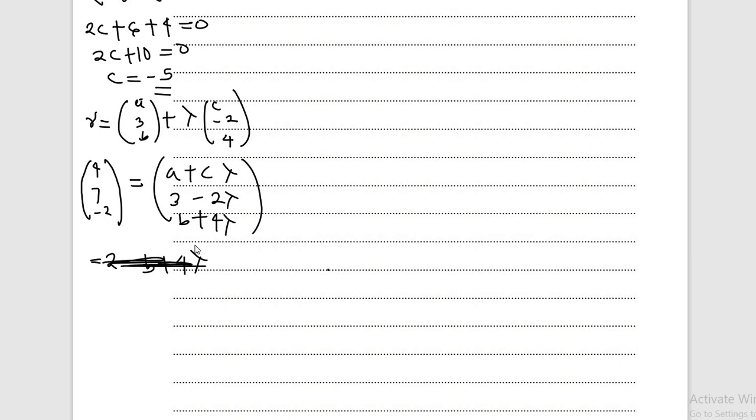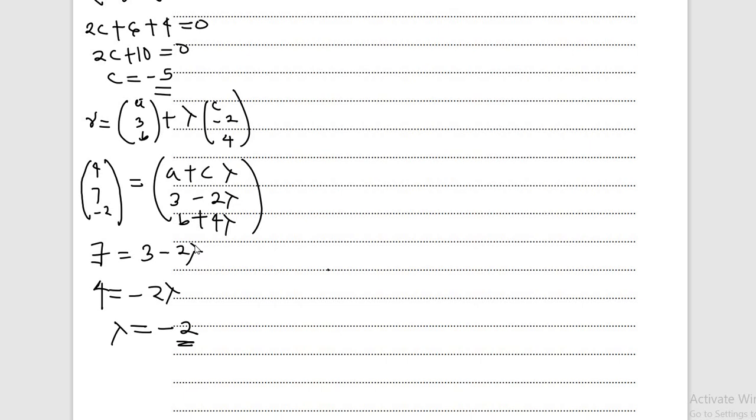So let me erase this. 7 equal to 3 minus 2 lambda. Sorry, you can get lambda from there. The constant 7 equal 3 minus 2 lambda. We have 4 equal to minus 2 lambda. Here, lambda equal to minus 2.